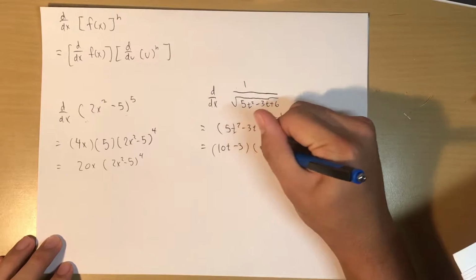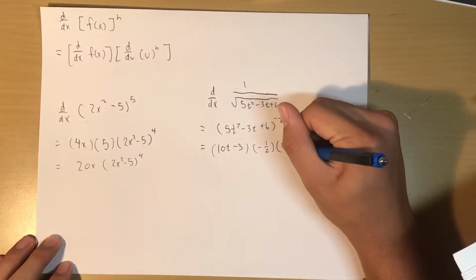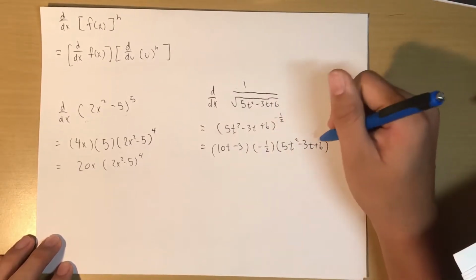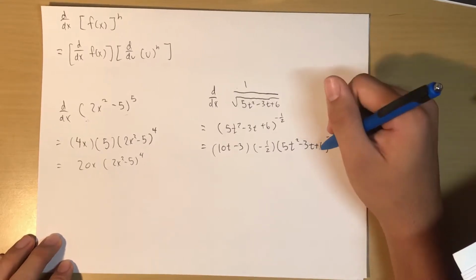And then move the negative 1/2 to the front. And then the inside remains unchanged. And then negative 1/2 minus 1 is negative 3/2.